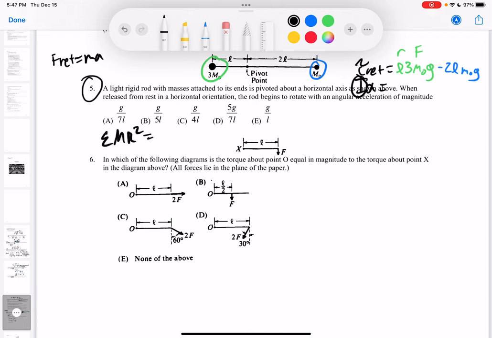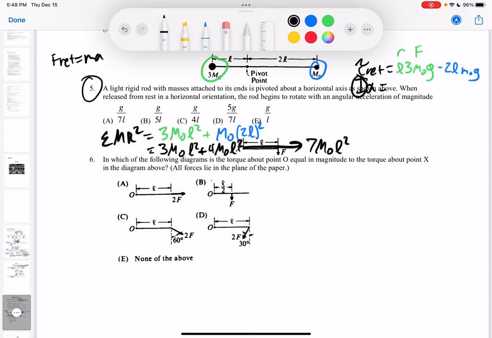And so the green one is just going to be 3m naught L squared, plus my blue one is going to be m naught 2L squared, okay? And so then that's going to equal 3m naught L squared, and then plus 4m naught L squared, okay? And so that will just equal 7m naught L squared, okay?